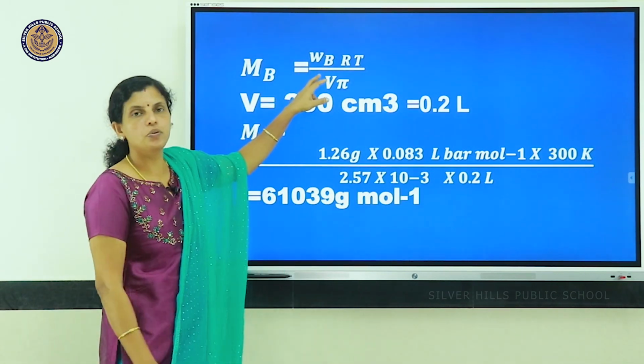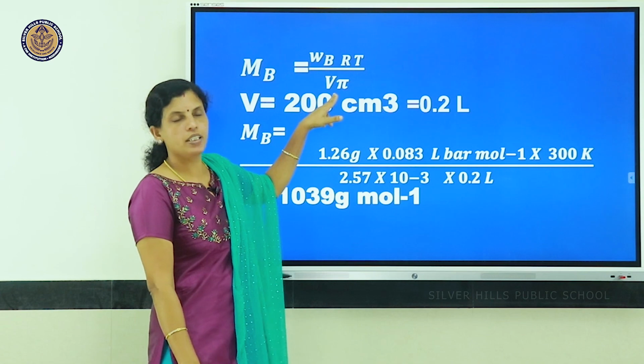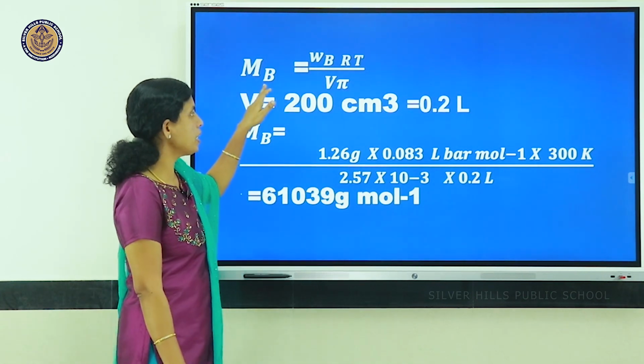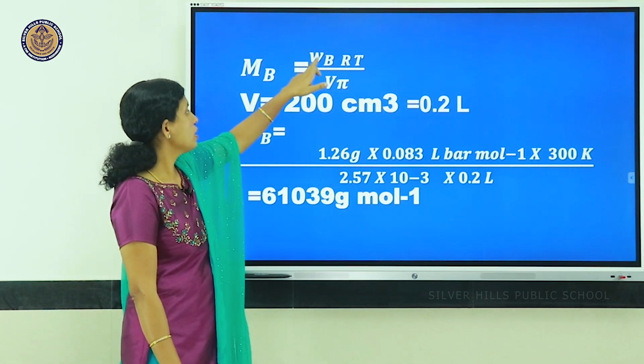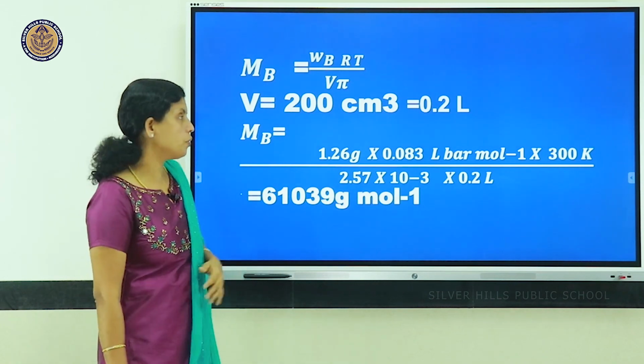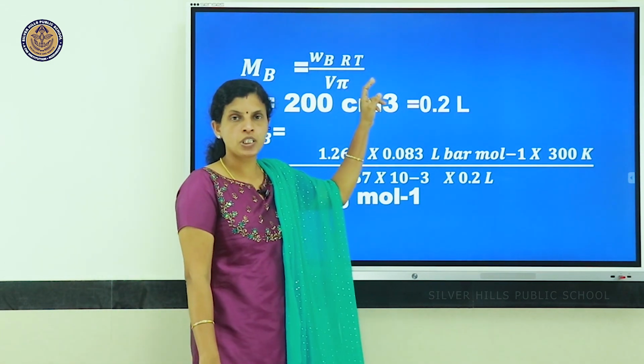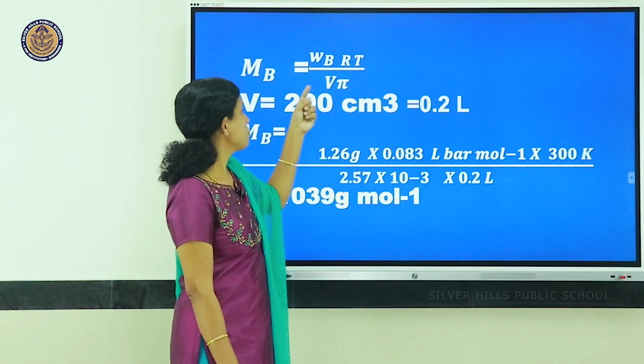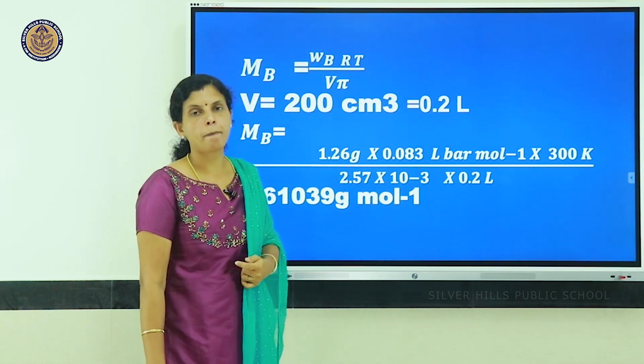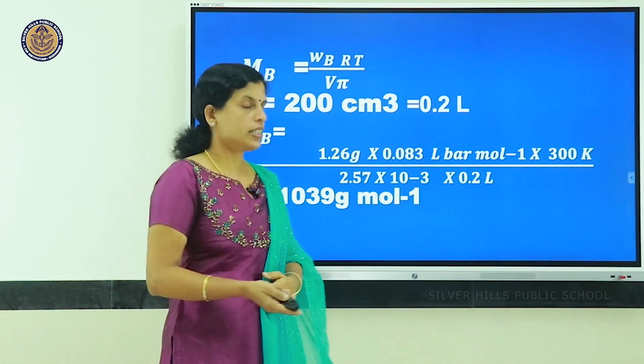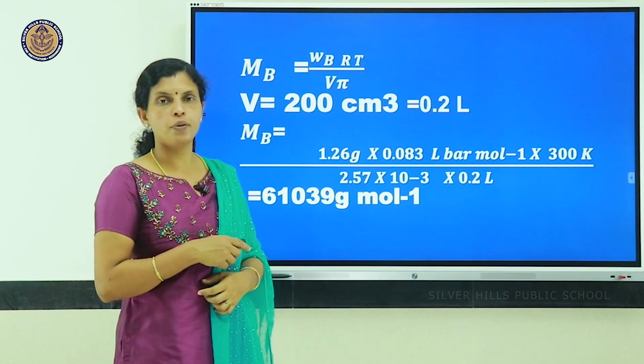So MB equal to WB into RT by V into pi, where MB is the molar mass of solute, WB the weight of solute, R the universal gas constant, T the temperature, V the volume of solution, and pi the osmotic pressure. Let's substitute all these values in the equation.